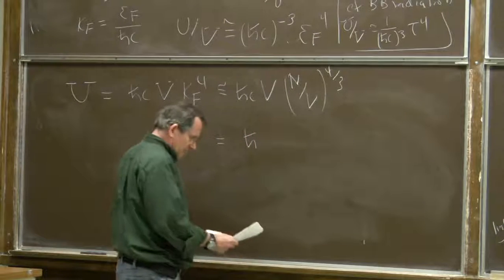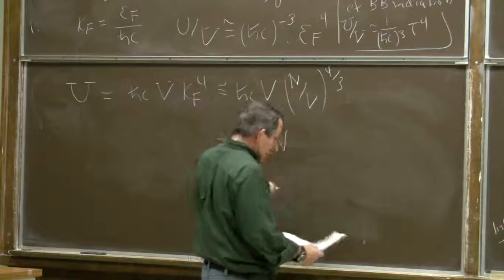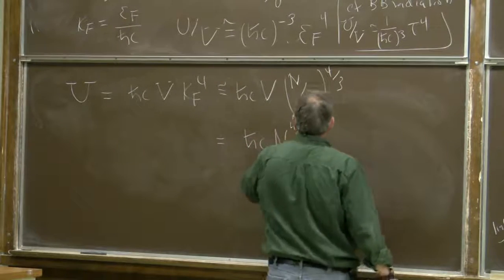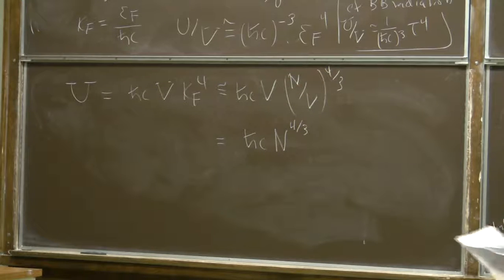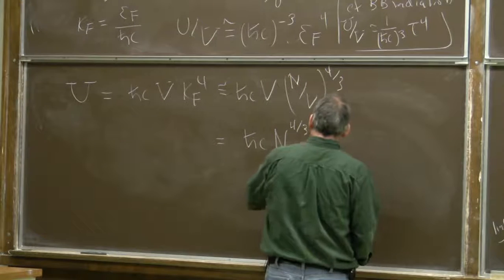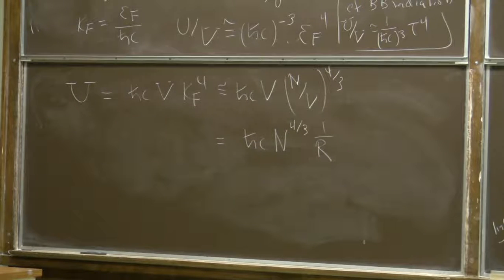Everything's approximate: h bar c, and then I have n to the 4/3 and volume to the minus 1/3, so it's n to the 4/3 times 1 over r for the kinetic energy. Once we get to the extreme relativistic regime, the kinetic energy, which when the gas is non-relativistic goes like 1 over r squared, now goes like 1 over r. So does the gravitational potential energy.